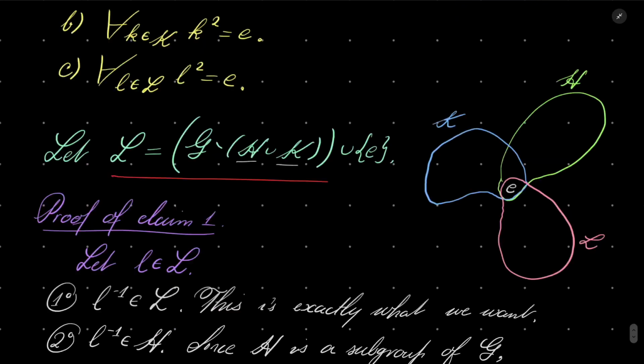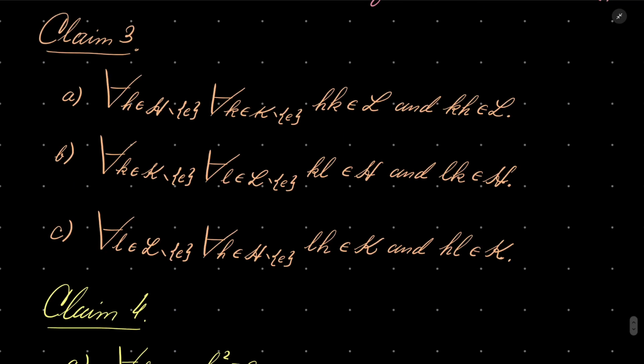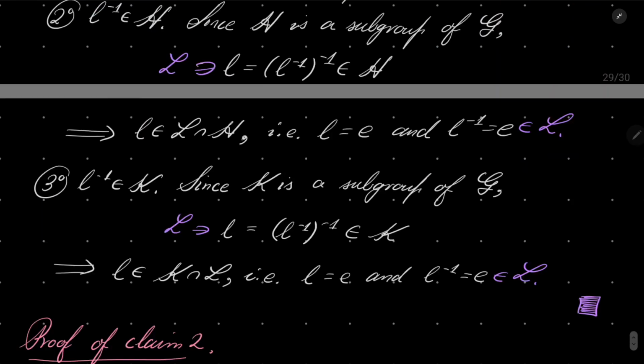Let's go back to claim number 3. I will prove only the first part because the second one and the third one are immediate consequences of the first one by cycling through subgroups. If I take two non-neutral elements, h in H and k in K, their product lands in L. So let's prove it.